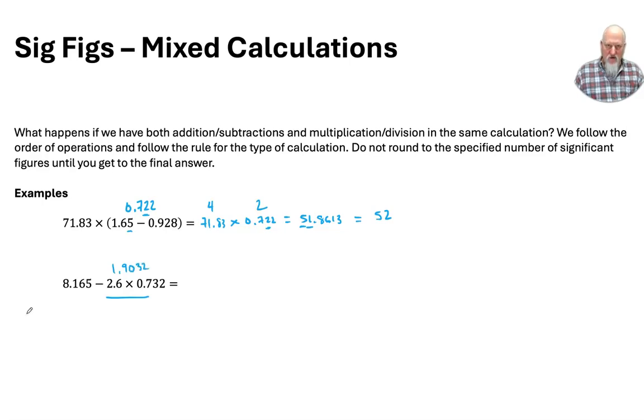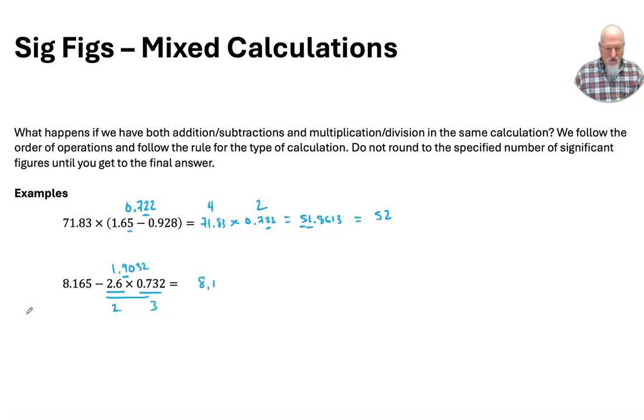Following our rules of multiplication and division, we can see 2.6 has 2 significant figures, 0.732 has 3 significant figures. So my answer, if I was to stop here, would have 2 significant figures, right? It would be 1.9. But I'm not going to round yet. I don't want to round until the end. But I need to know that the significant figures run out at the 9 there.